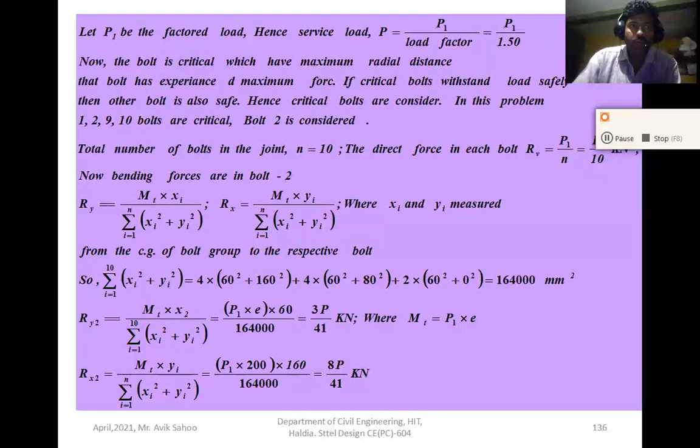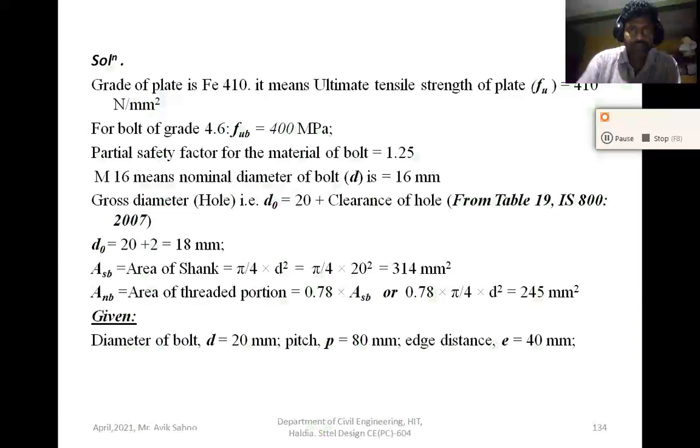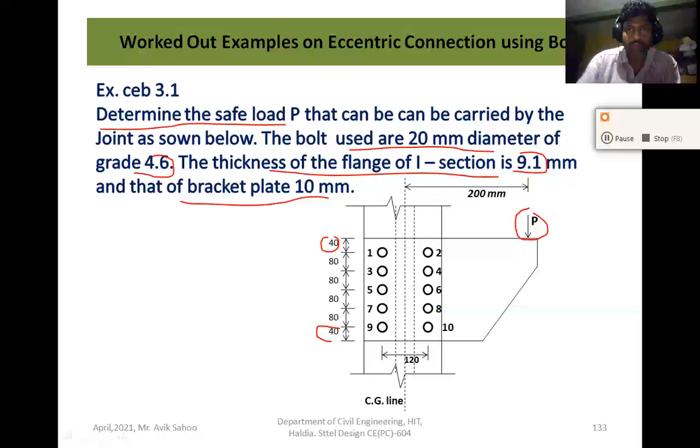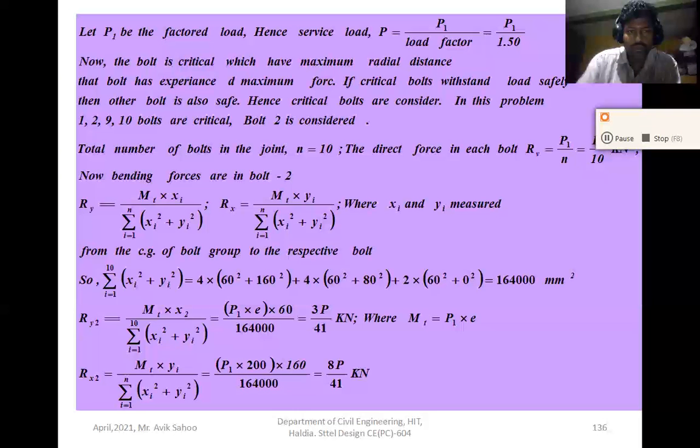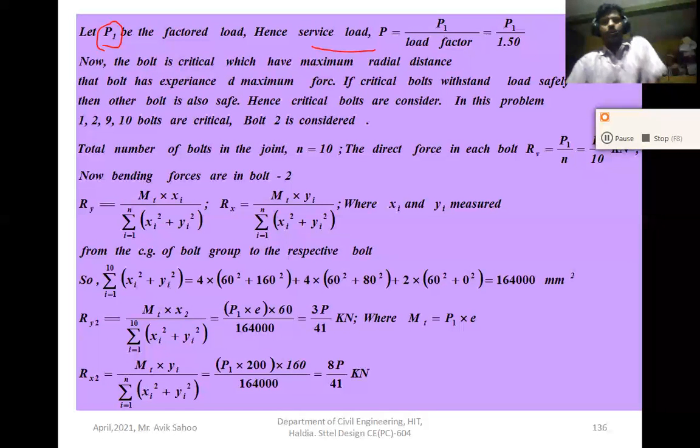Next we find out the service load. The factored load is P1, given. Determine the safe load P. So P means the service load.